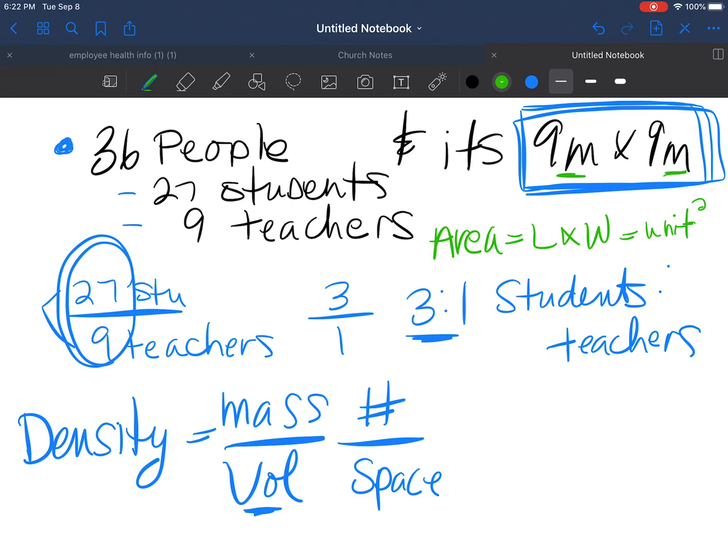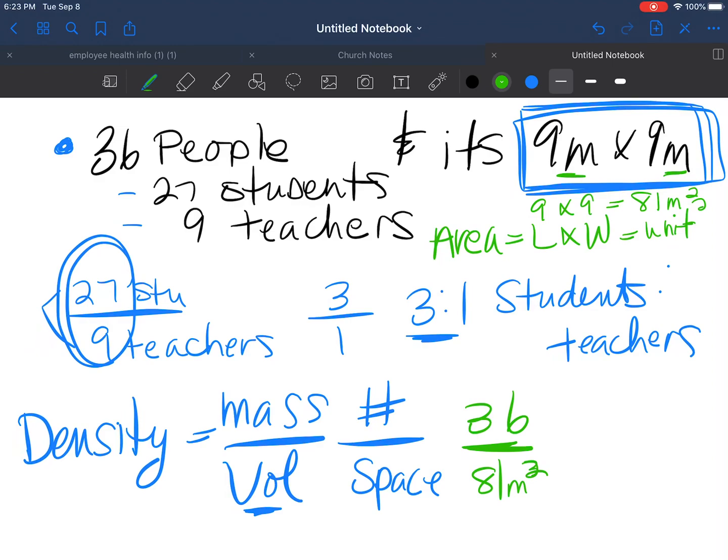So 9 times 9 equals 81 meters squared. Okay, so our space, we have 81 square meters. So that's our space, and the number of people is 36.